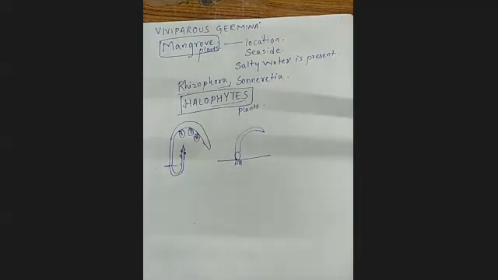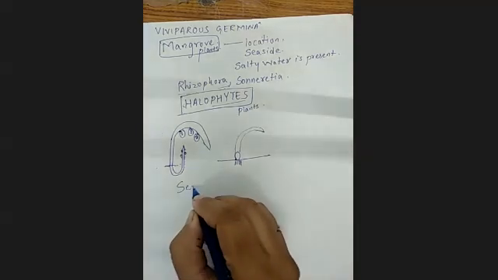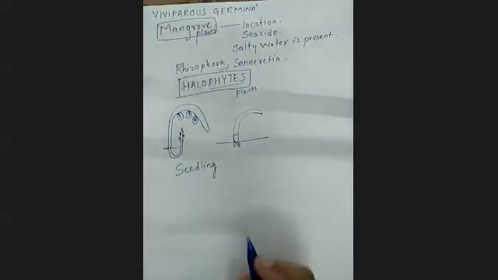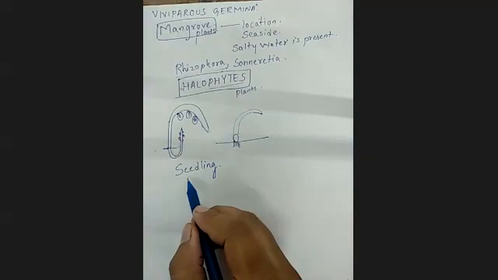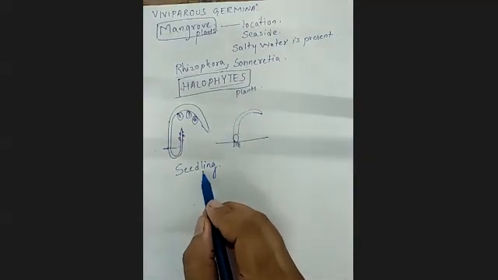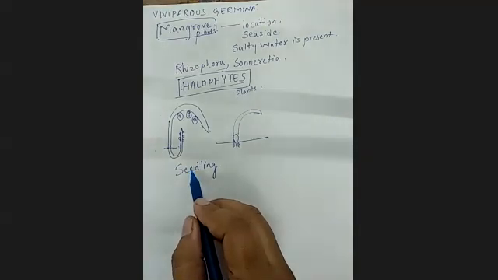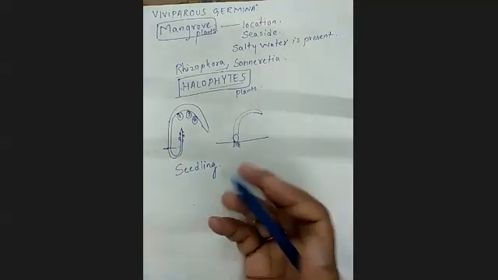Then the last one, that is how the seedling is formed. When we use the suffix like ling after a word, it is related to somebody who is very young.